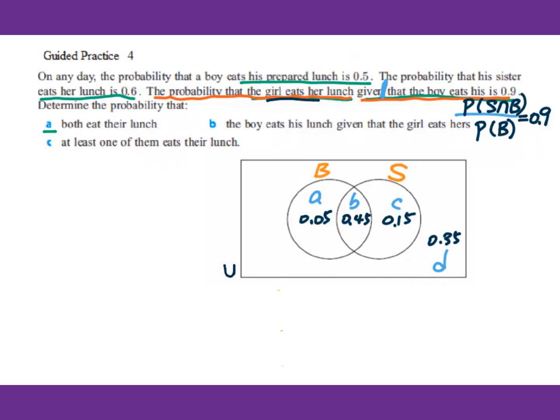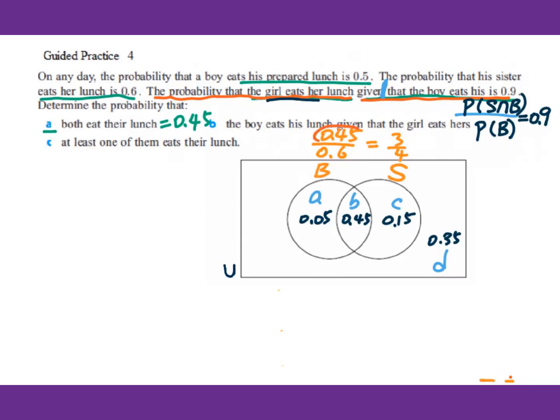Now we're working on A. Both eat their lunch. We see that equals 0.45. For B, the boy eats his lunch given that the girl eats her lunch. The girl eating her lunch will be 0.6. The boy and the girl both eating lunch will be 0.45. So you get 3/4.